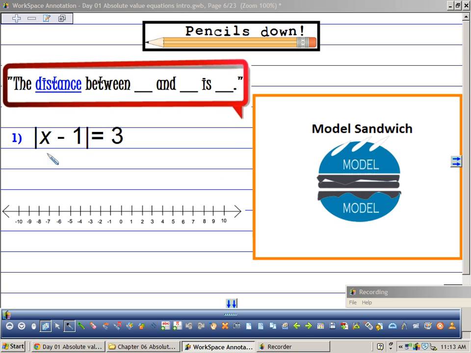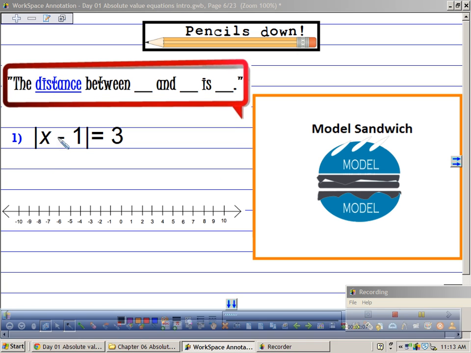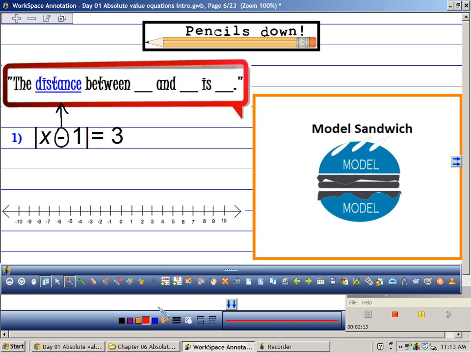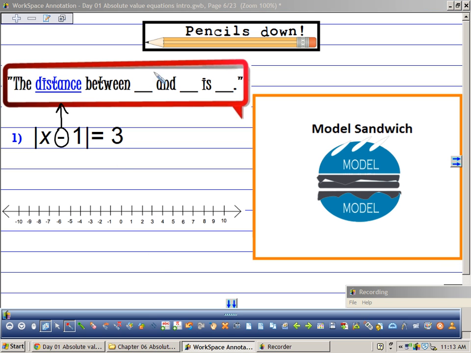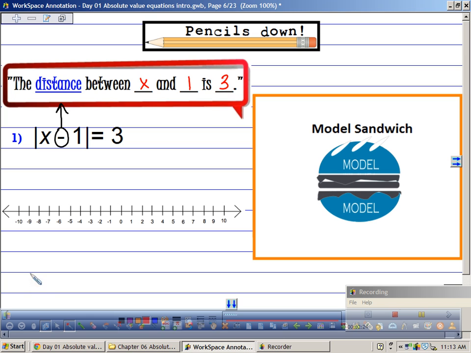So the distance between x, distance means difference, right there. So the distance between x and 1 is 3. Kind of written like this. This is the distance, right?